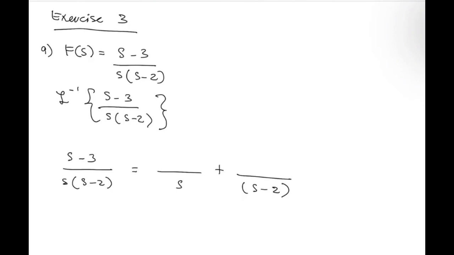All right, so for the first one, because this is S, a linear factor, we must have the numerator equal to A. For the second part, S minus 2, because S minus 2 is also linear, hence the numerator will be B.